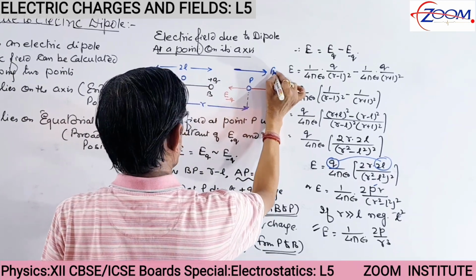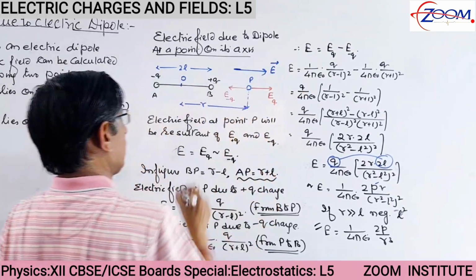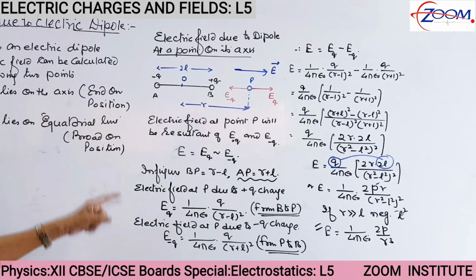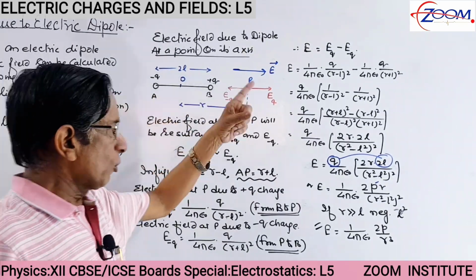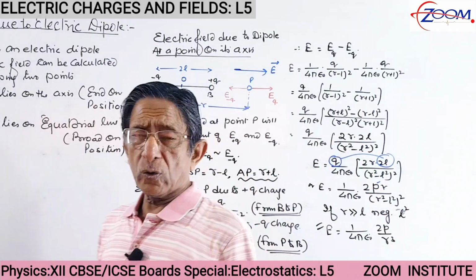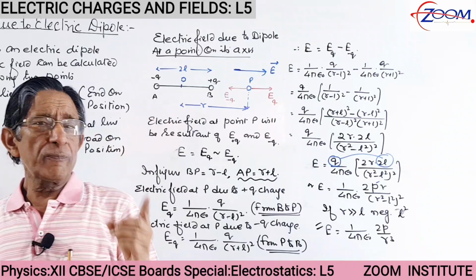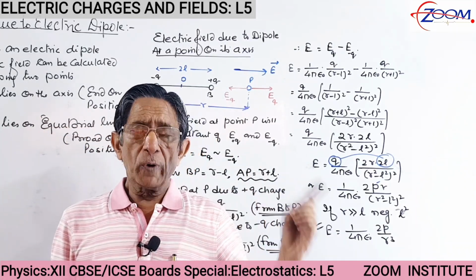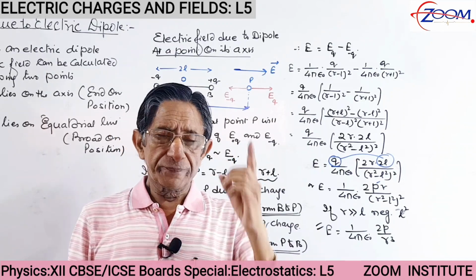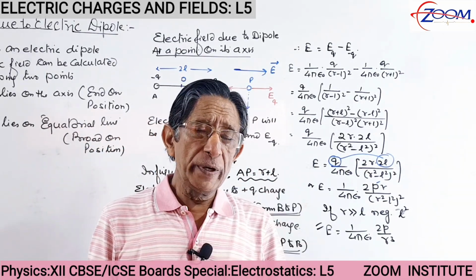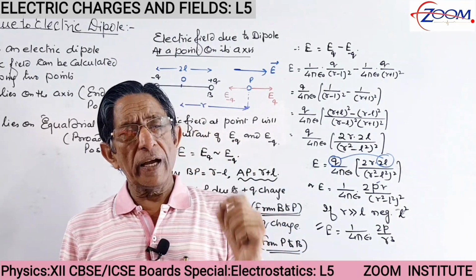So we shall say the direction of electric field on a point on the axis of electric dipole is always from negative to positive charge. In other words, we can say the direction of the electric field will be parallel to electric dipole moment.